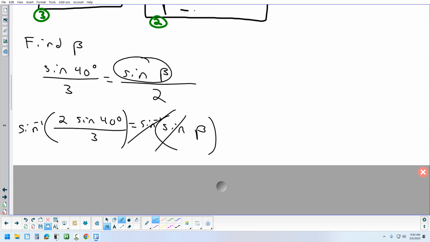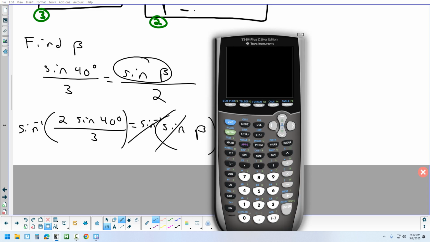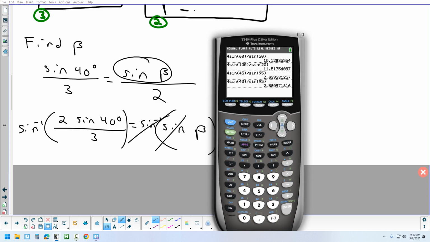Now, let's type that in on the left and see what we get. Inverse sine of 2 sine 40 divided by 3. This is not a no solution problem.